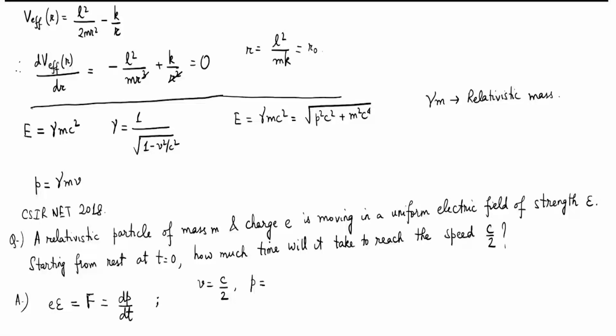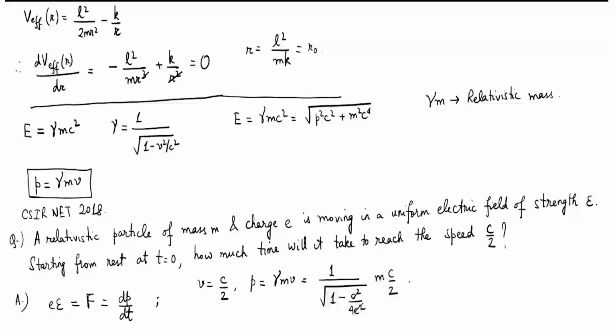Here p equals gamma mv, where gamma is 1 over root of 1 minus c squared by 4c squared, into m into c by 2.